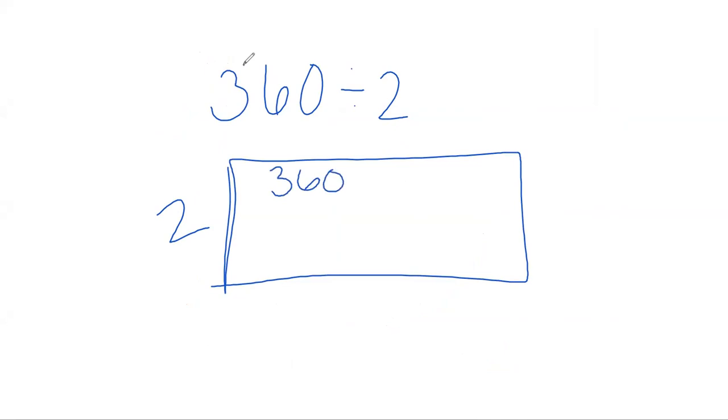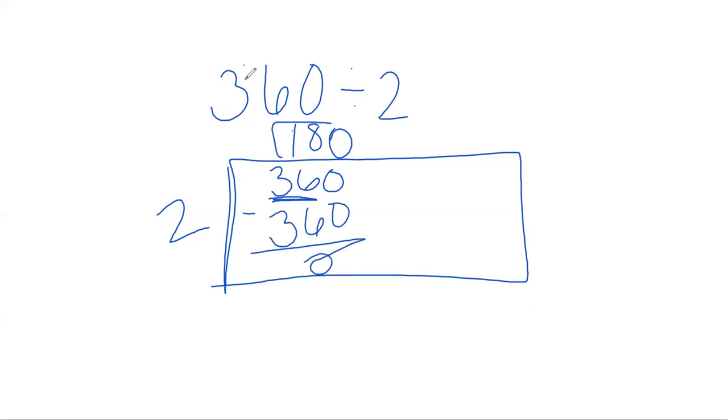I'm going to count by 2 to get as close as I can to 36. 2, 4, 6, 8, count all the way up, I would be able to count 18 times. But again, this is not 36, it's 36 tens. So I'm not going to multiply by 18, I'm going to multiply by 18 tens, and that gives me exactly 360.